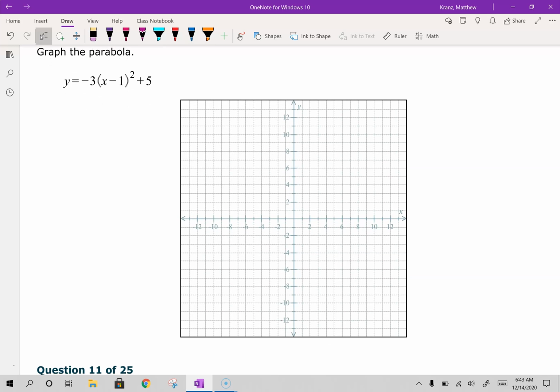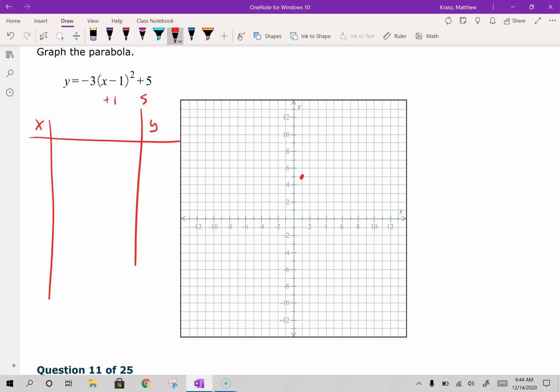Right, let's go ahead and graph this parabola. Right, so we know that right here our vertex is going to be plus 1, 5. So 1 and 5, and then we can use a table to graph the rest. Right, so I have a negative 3, x minus 1 squared plus 5.